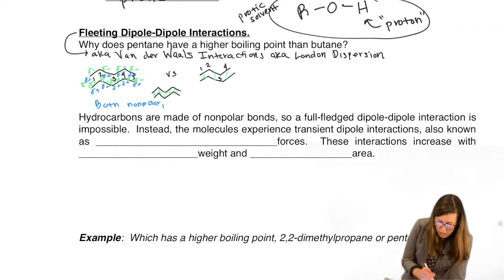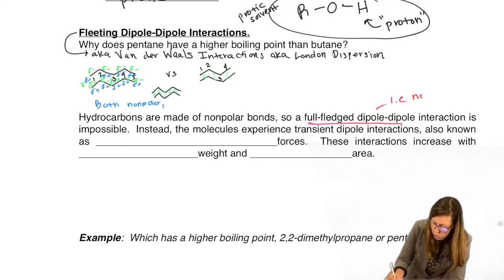Okay, so this is written out in words for you here. Hydrocarbons are made of nonpolar bonds, so a full-fledged dipole-dipole interaction is impossible. So it does not have a permanent dipole.